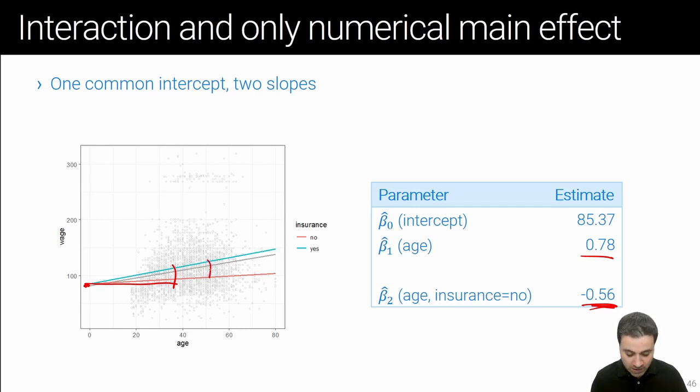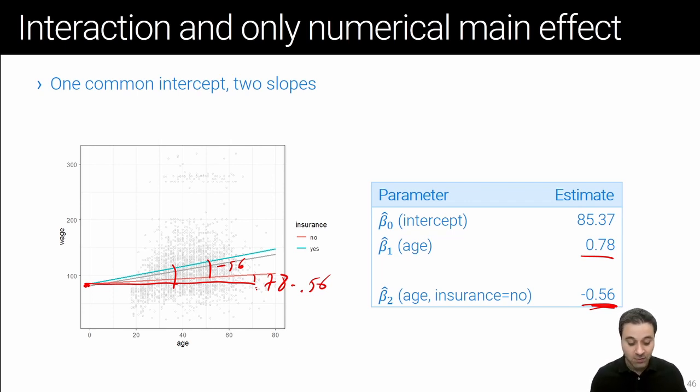So we have only here minus 56. And so overall, the slope of the red line is 0.78 minus 0.56. So we are saying that the effect of the age on the salary is lower when we don't have insurance. Our salary is going to increase at a lower rate when we don't have insurance.